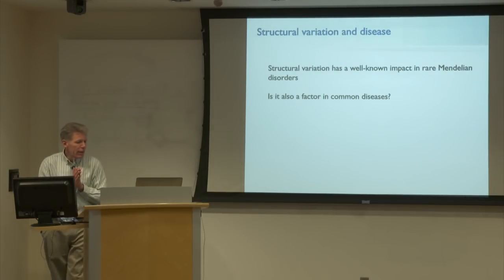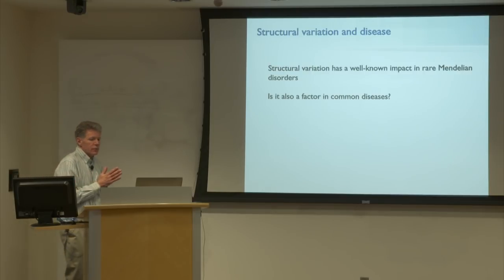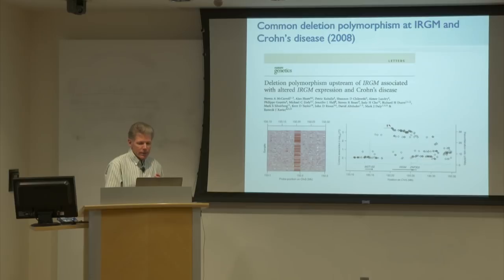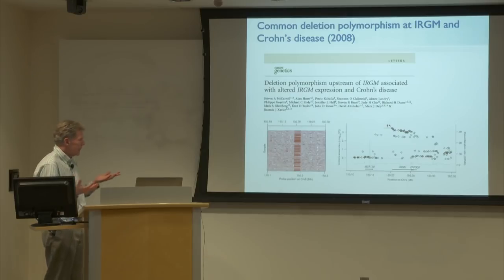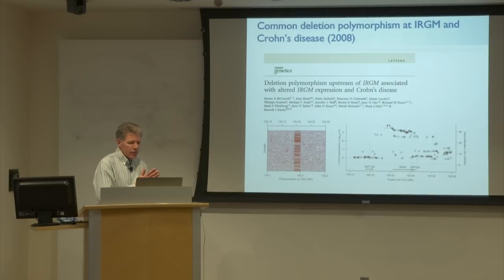So we know that structural variation definitely has impacts on rare Mendelian disorders, but what have been the stories and the successes in terms of relating it to common disease? So sometimes there are cases where we find CNVs, even simple deletions, that seem to have phenotypic effect.